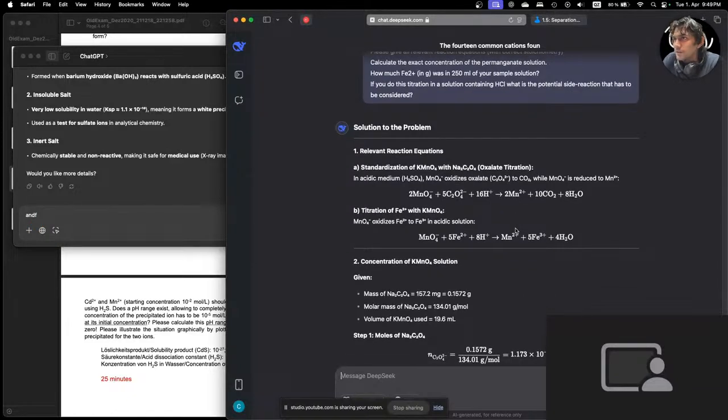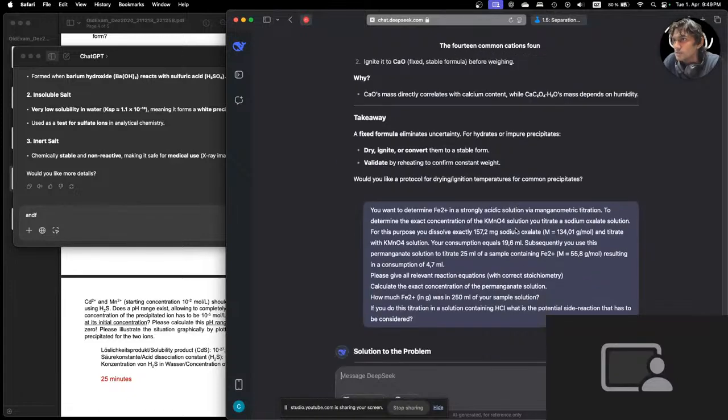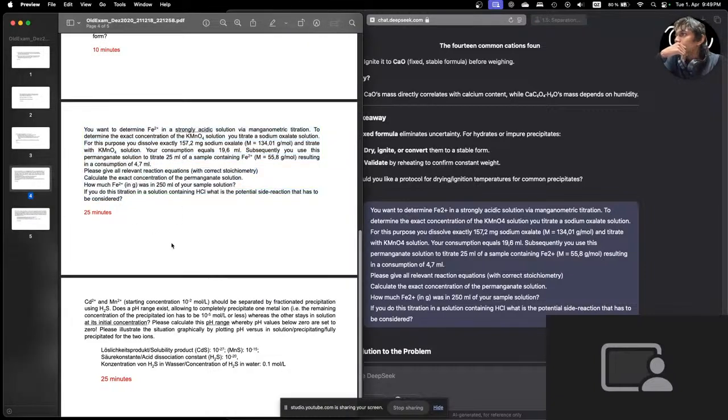The relevant reaction equation. You want to determine Fe2+, the iron ion in a strongly acidic solution, via manganometric titration.